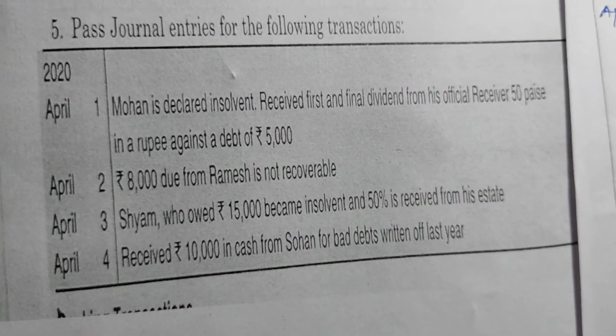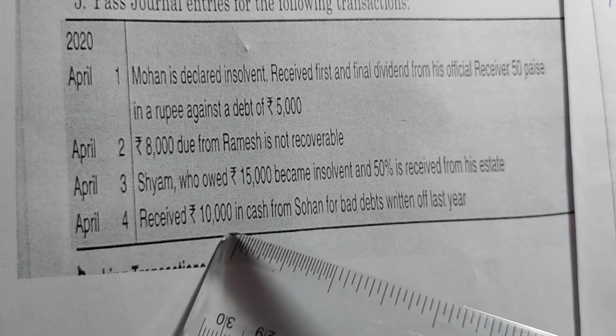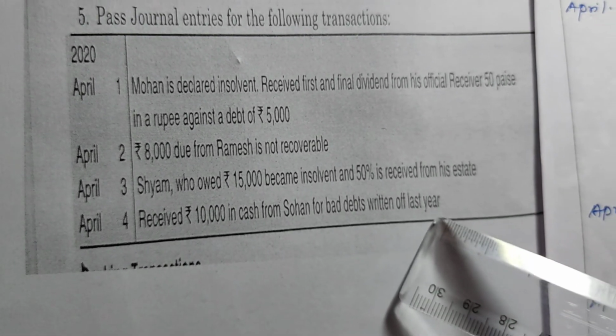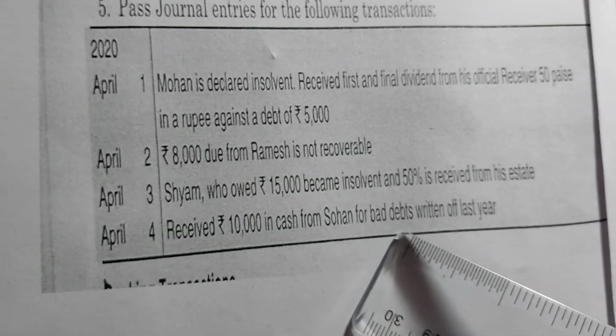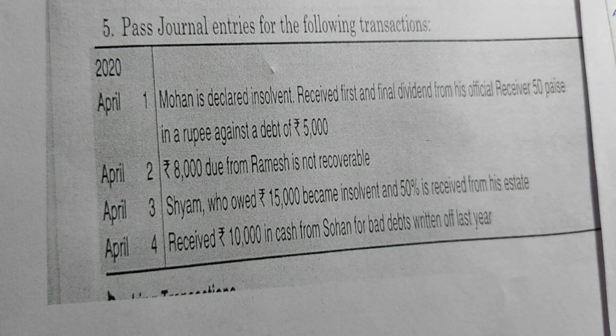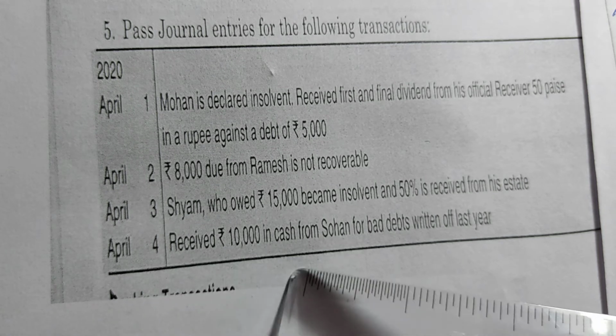Received rupees 10,000 in cash from Sohan for bad debt written off last year. Okay, here we had considered it as bad debt and written off the amount of 10,000, but now this year we are receiving it. When the amount of bad debt is received, that will be credited to bad debt recovery account. Okay, that is the income, so it will be credited. Cash is coming in, so cash will be debited.